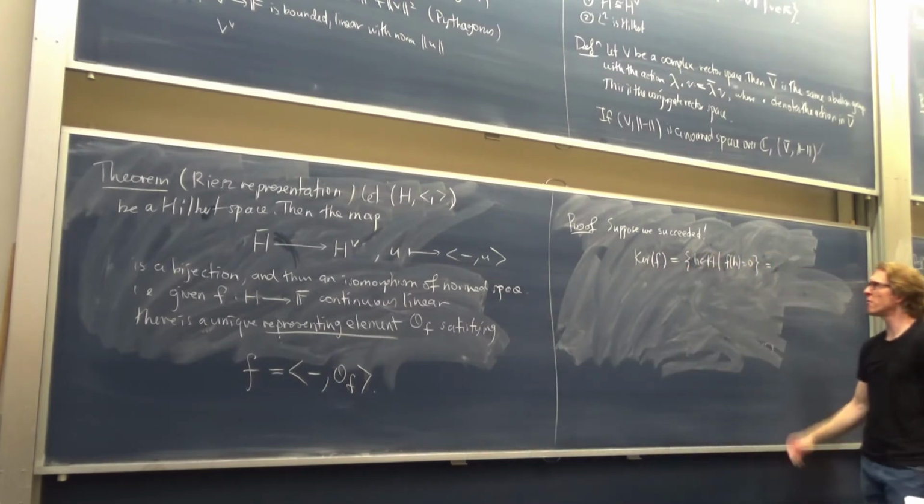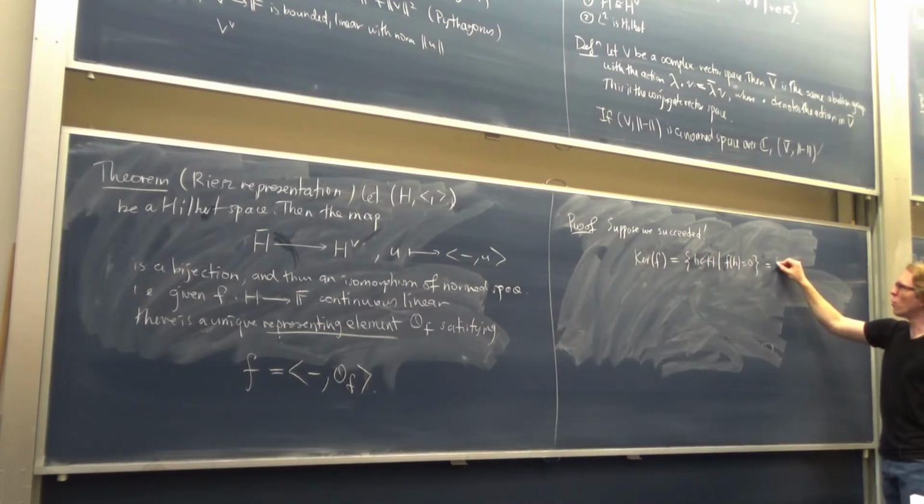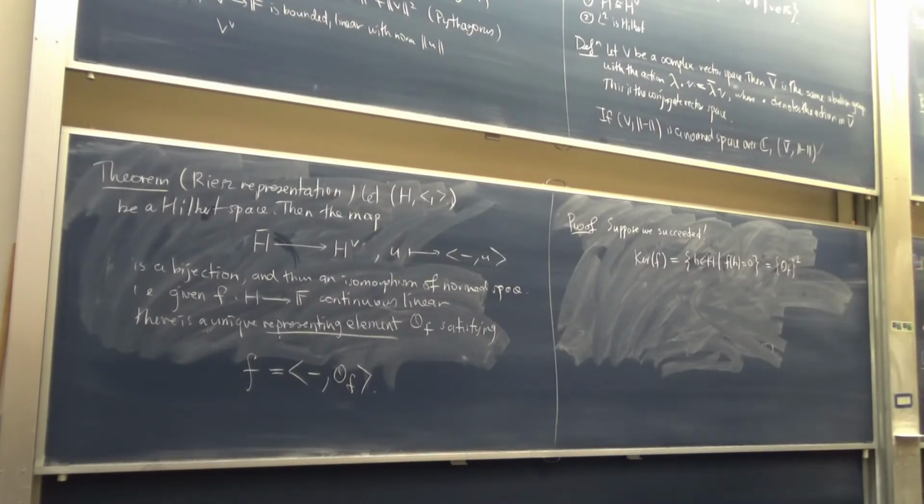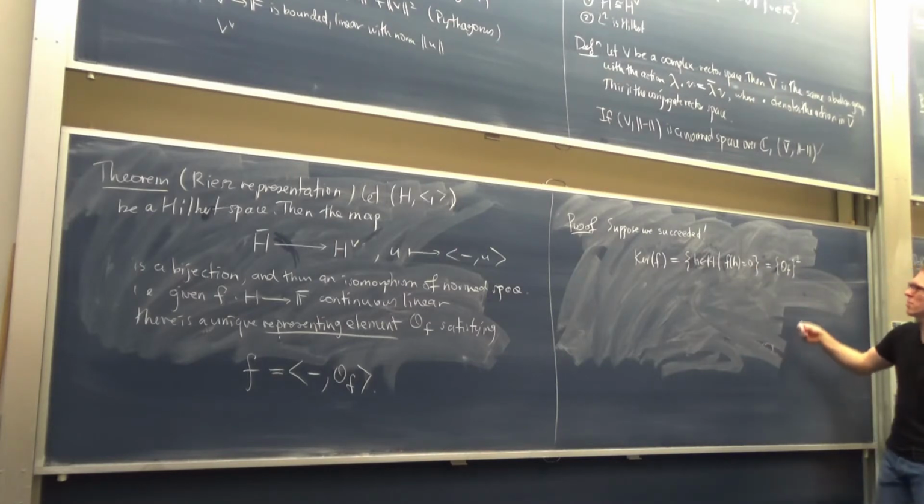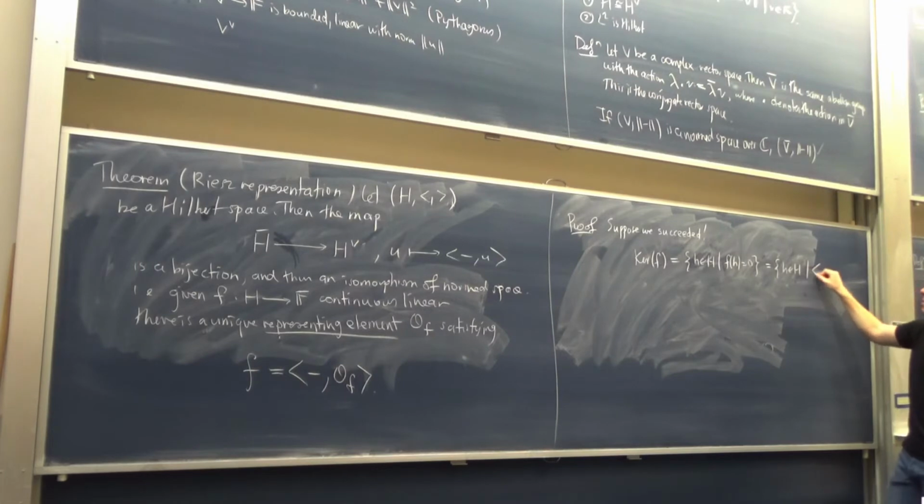So the kernel of f would be precisely all the things orthogonal to theta f, because f of h being 0 means all those h's in H such that the pairing of h with theta f is 0. So that's the orthogonal to the singleton set with theta f in it.